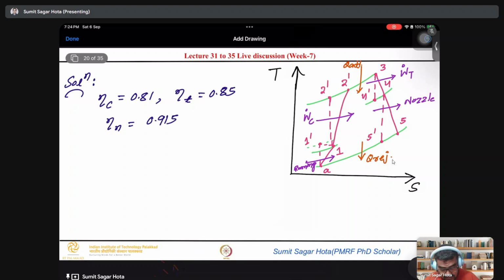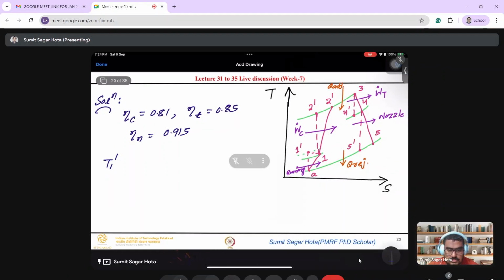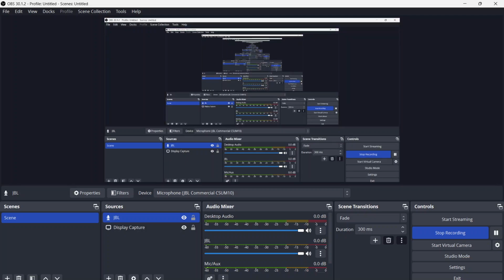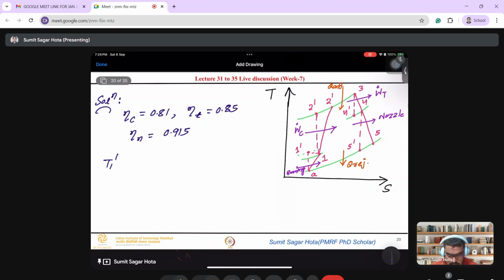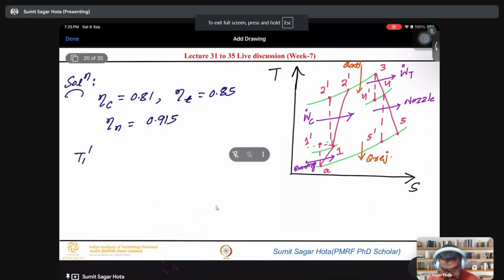Okay, let's find out the T1 dash. So what is T1 dash?